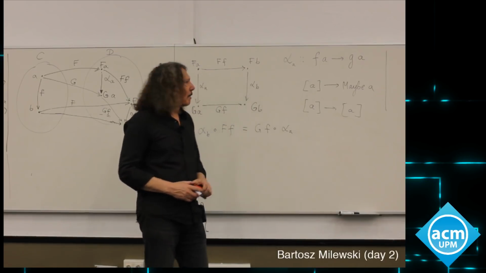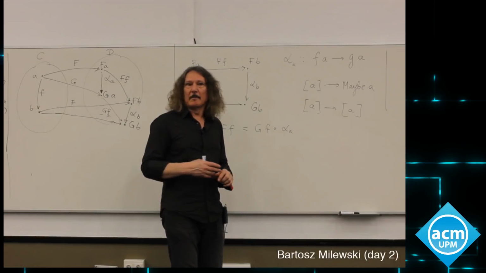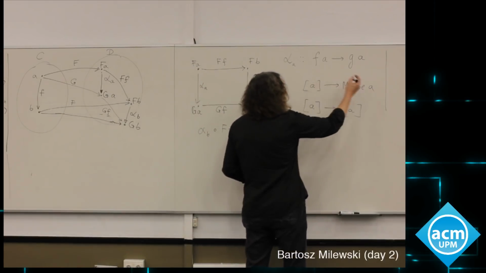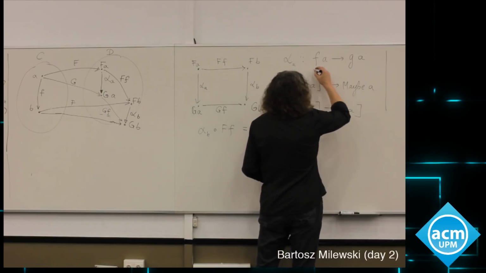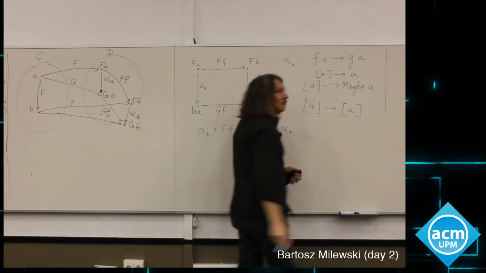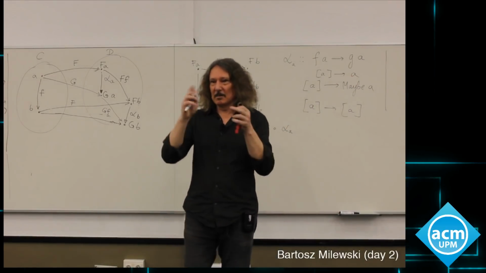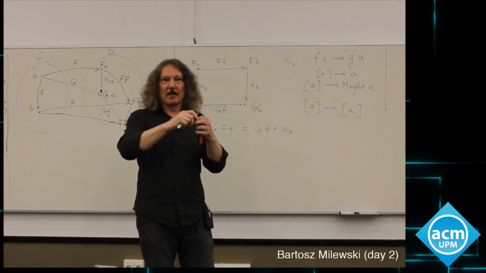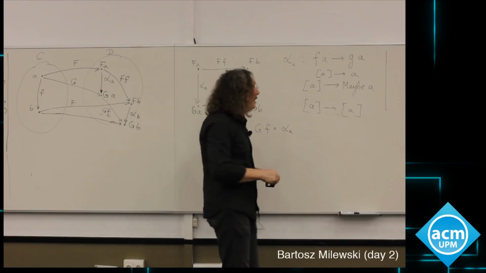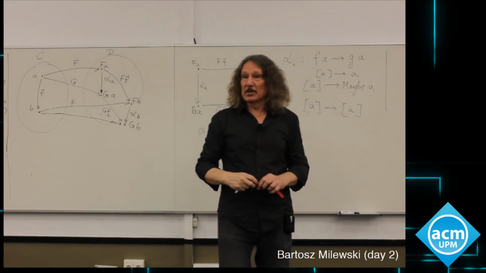Then there is an identity functor. It just doesn't change anything, takes an object and maps it into itself, and takes a morphism and maps it to itself. So anything like this is also a natural transformation.